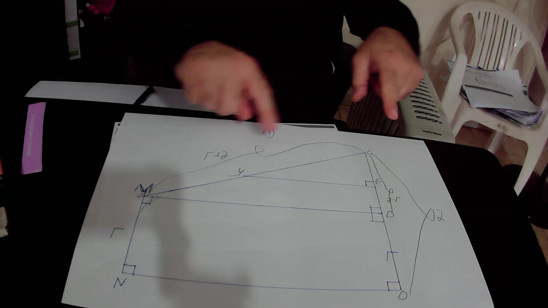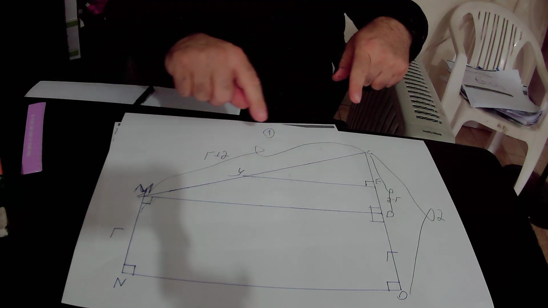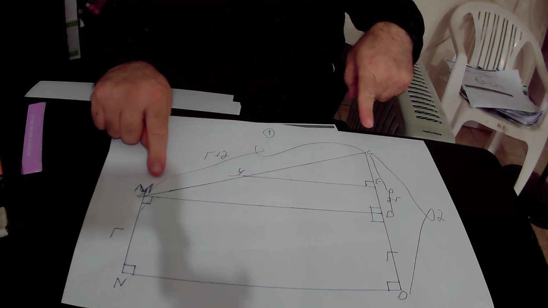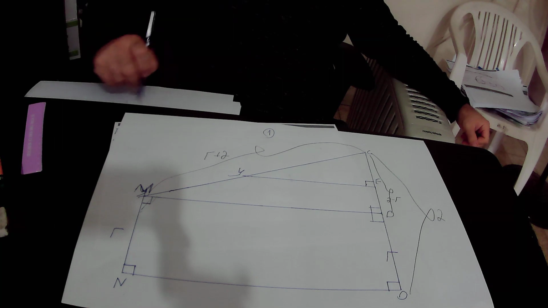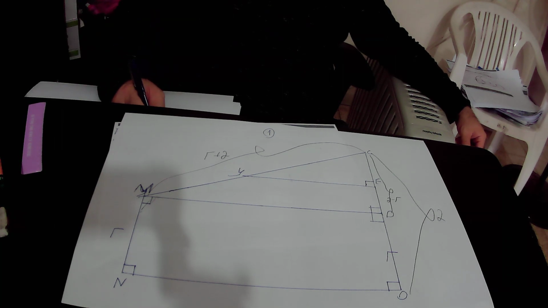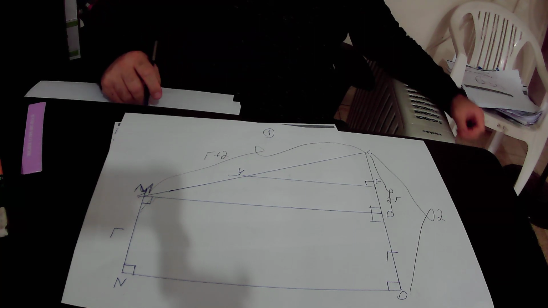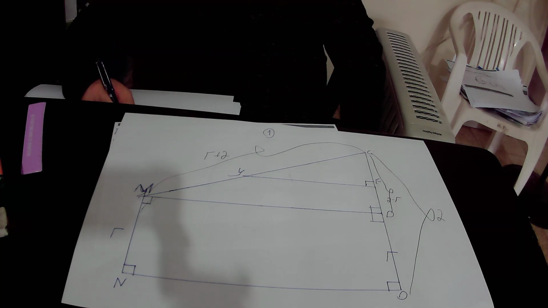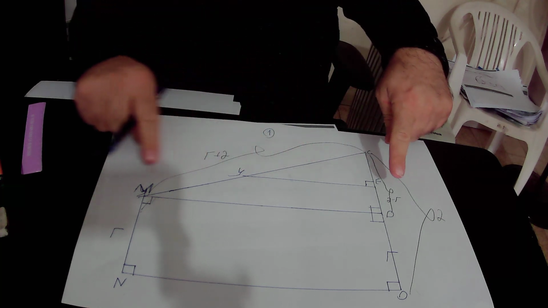The hypotenuse in this right triangle CDM is MC, so the square of the hypotenuse is MC squared, which equals the sum of the squares of the perpendiculars: CD squared plus DM squared.